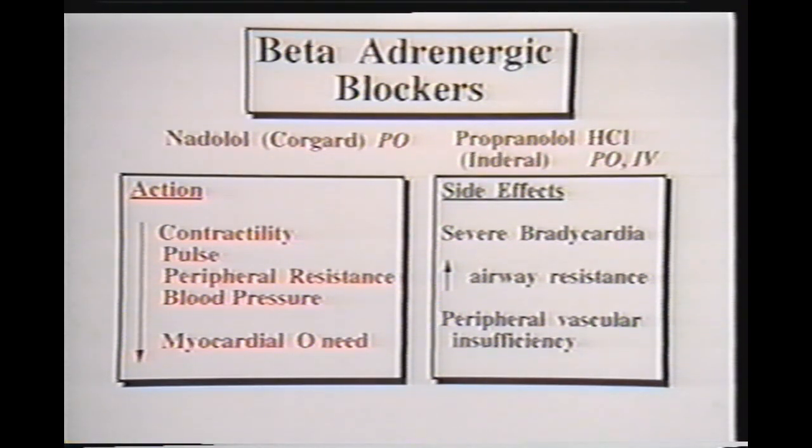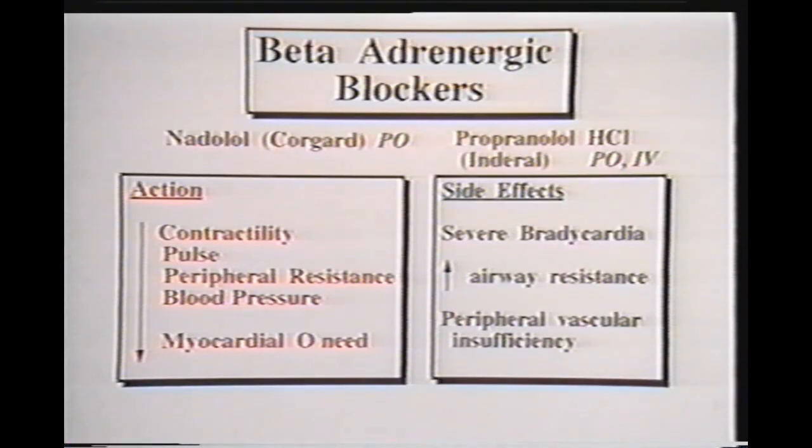If we look at what it does, they block the adrenergic, or adrenaline, the sympathetic nervous system fibers, the beta fibers of the adrenergic system. So what it's going to do is slow the heart rate, lower the blood pressure. And side effects are going to be related to that. They're going to be severe bradycardia. In addition, we see a couple other side effects.